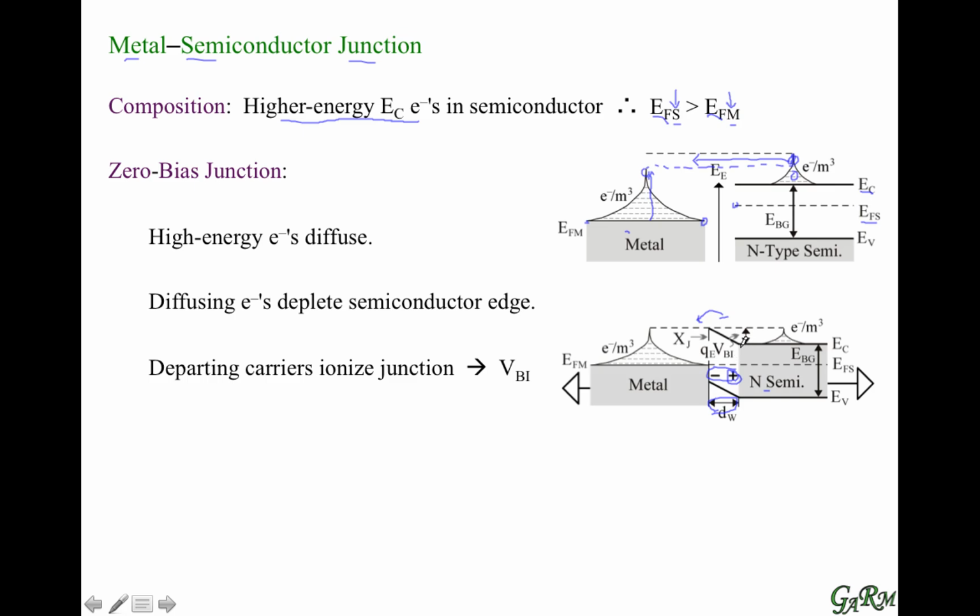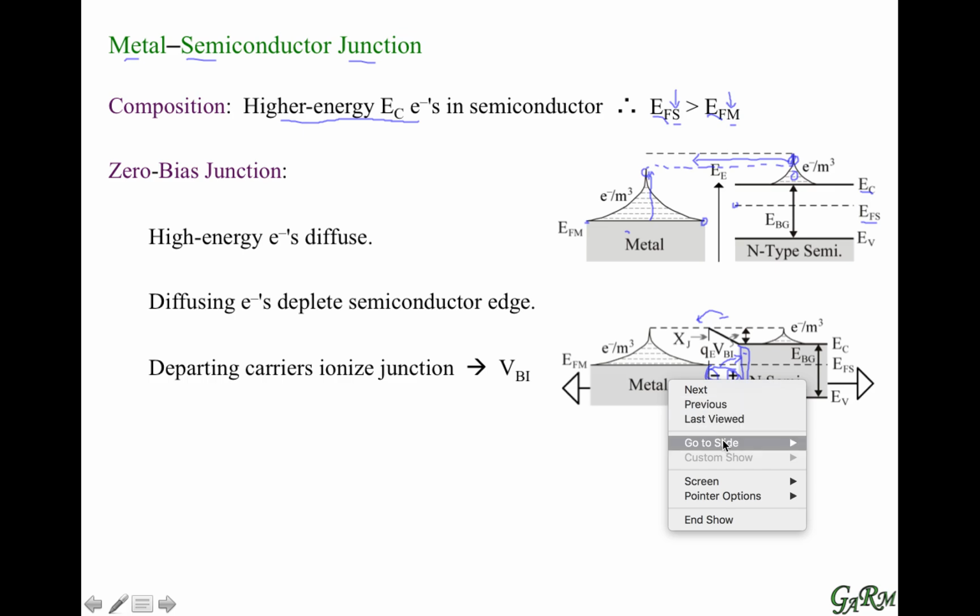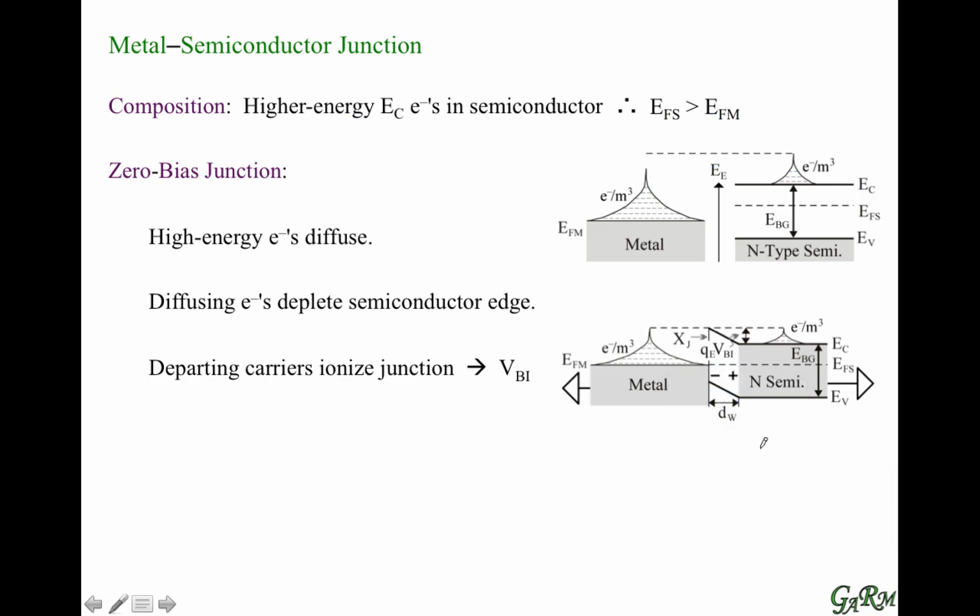And we can see this here. Leftover electrons on the N-type side of the material at some point see such a negative charge on the metal that they're repelled and held back. So diffusion will happen until this built-in voltage opposes and stops diffusion.